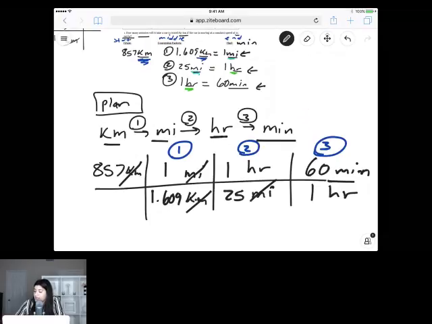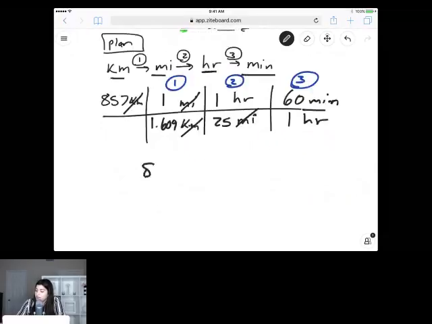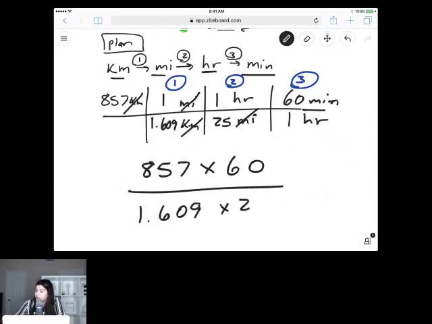So next thing is to multiply straight across and divide. What I like to do, just to show you the math behind this, is do 857 times 60, then divided by 1.609 times 25. I like to do those individually. If you are putting it into your calculator, put a bunch of parentheses, because calculators tend to make an error if you don't put enough parentheses.